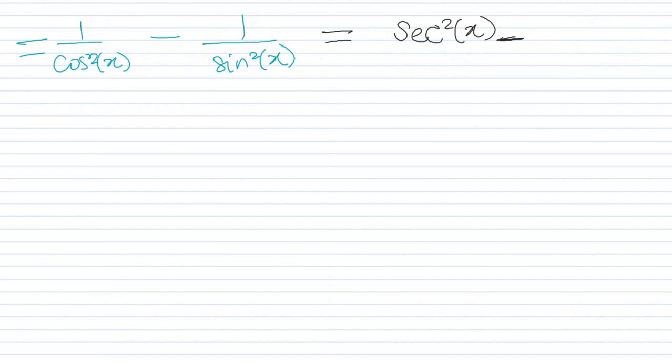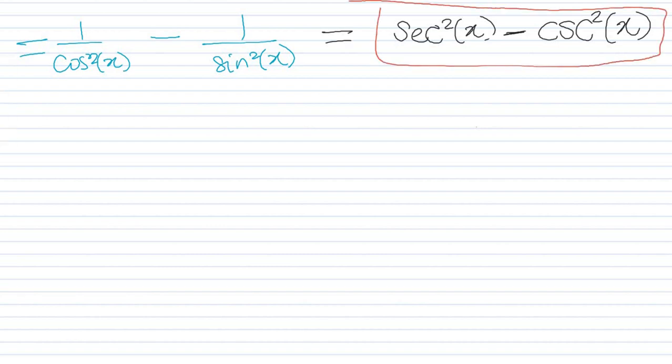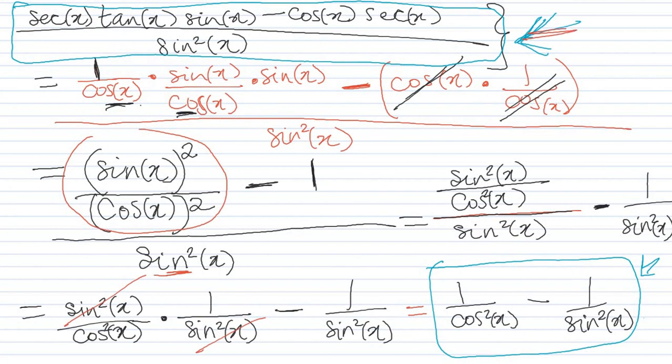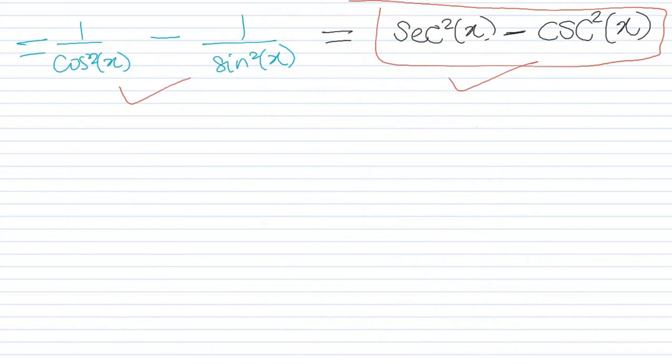And this time around we have 1 over sine squared x. So therefore what we have is cosecant squared of x. So our final answer is going to be this. Now if you compare this answer to the one up top, when we first applied the quotient rule, you can see that the easiest, simplest, and most well simplified is this one.